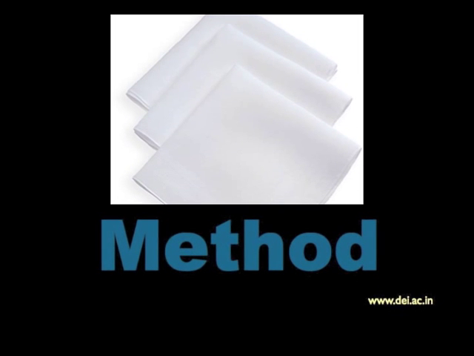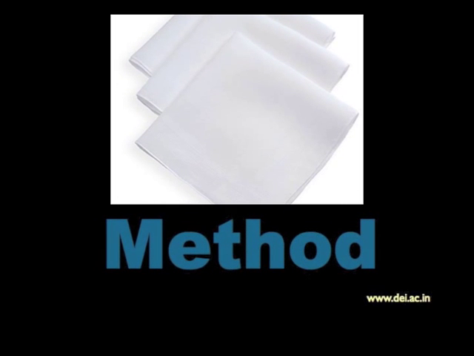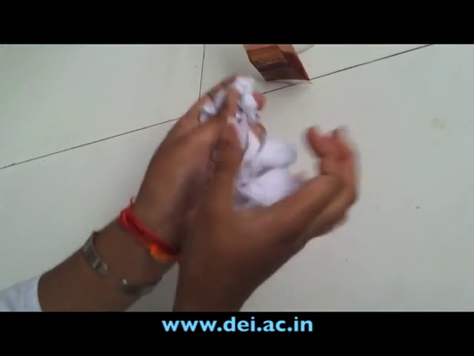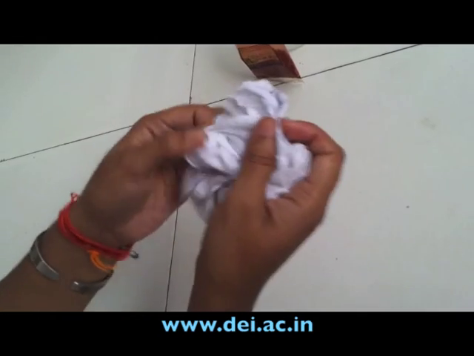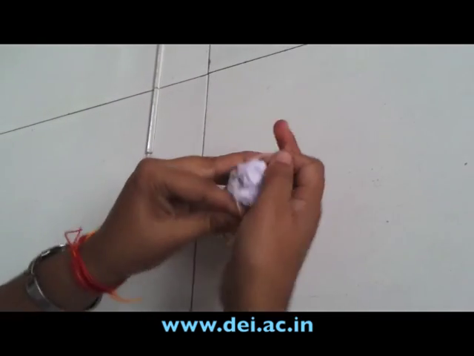Method. Take a piece of cloth about the size of a handkerchief or smaller and gather it up into a ball or bundle in the palm of the hand, keeping the right side of the cloth to the outside.